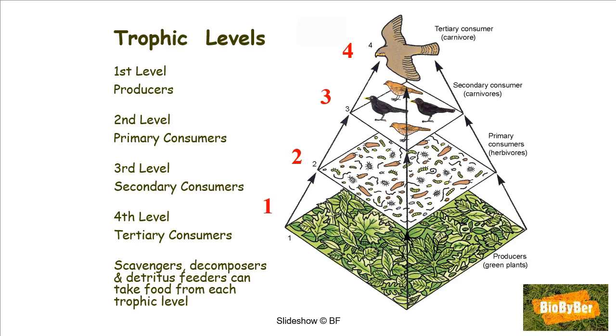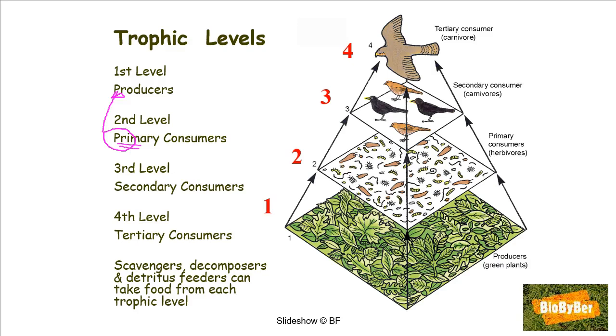The second organism occupies or takes up the second trophic level. These organisms are called primary consumers. P for primary, P for the first school that you went to, and P for producers and P for plants. So the primary consumers are the animals that eat the plants.